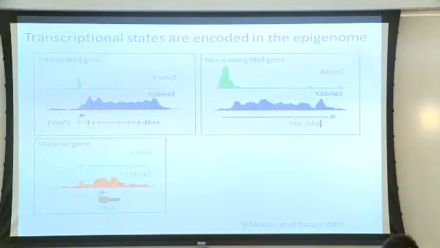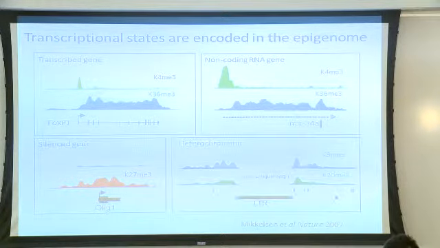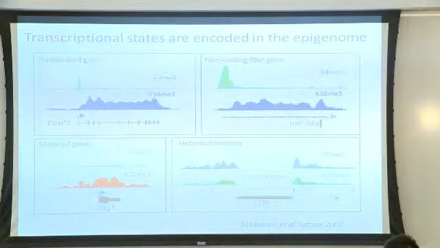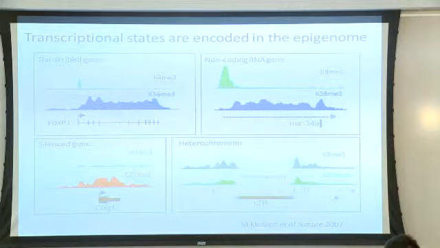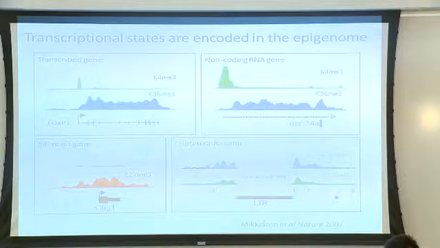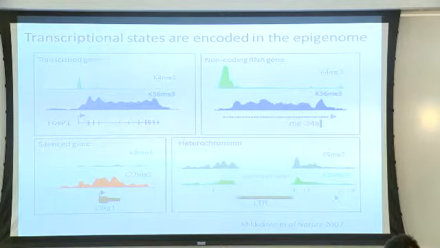Here's a signature of a silenced gene in which there's essentially no K4 trimethylation in this instance, but an extensive amount of K27 trimethylation. And finally, certain histone post-translational modifications are associated with heterochromatin, in particular K9 trimethylation and K20 trimethylation.